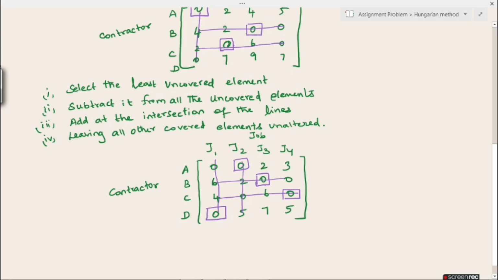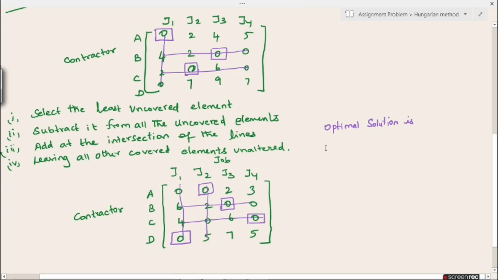Now you have to find the assignment cost value. For that we have to consider the main matrix. So for finding the optimal solution, in the first row, contractor A, we are assigning job 2, that is J2, and for contractor B, we have an assignment that corresponds to J3, so job 3, and for contractor C, we have an assignment that corresponds to J4.